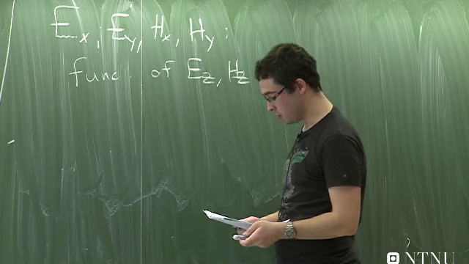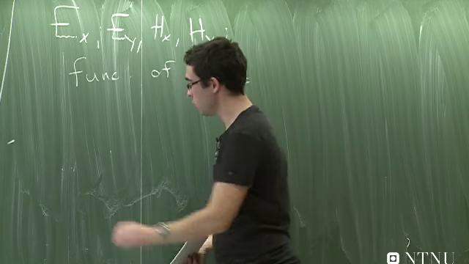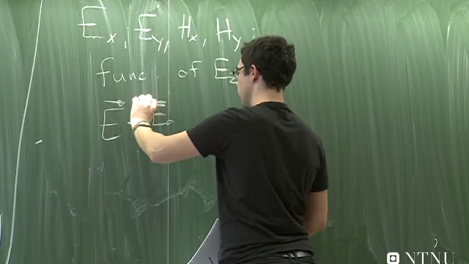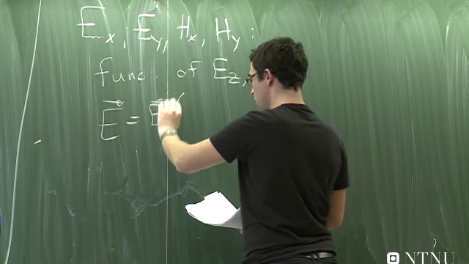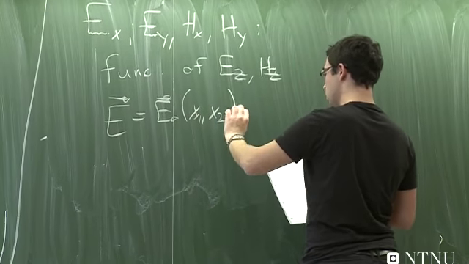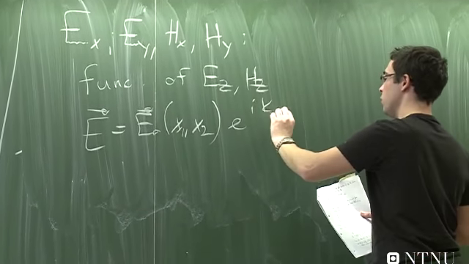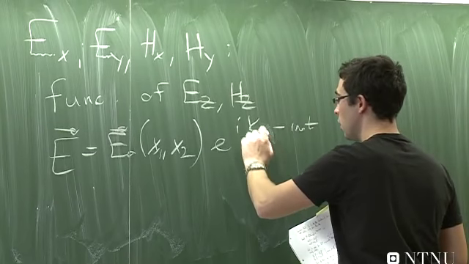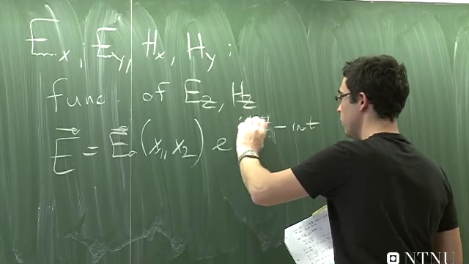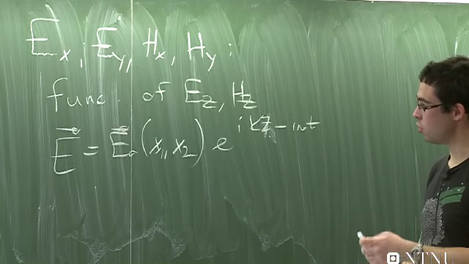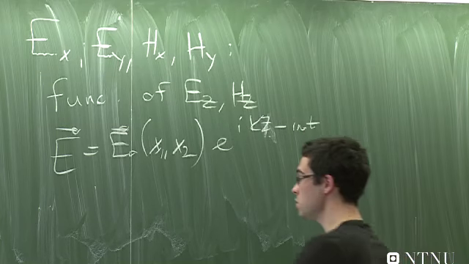And we do that by inserting our suggested solution, E is equal to E0 of x1, x2, e to the i k z minus i omega t, just the same as before. Sorry about the mess. We insert these into the following two equations.